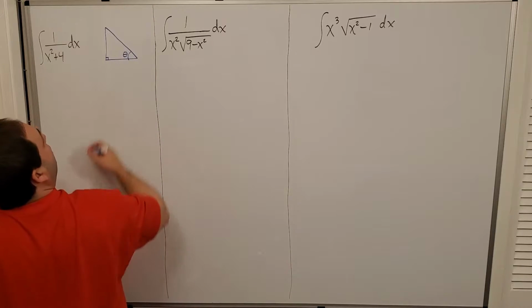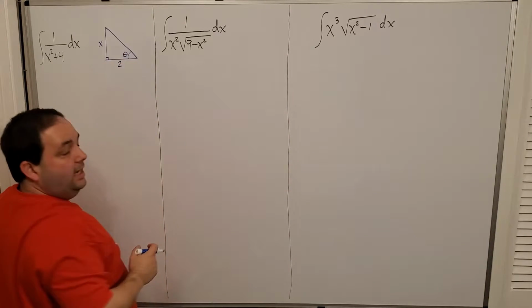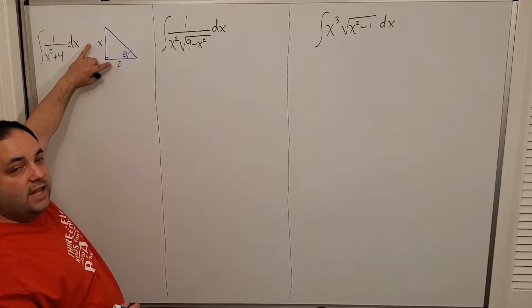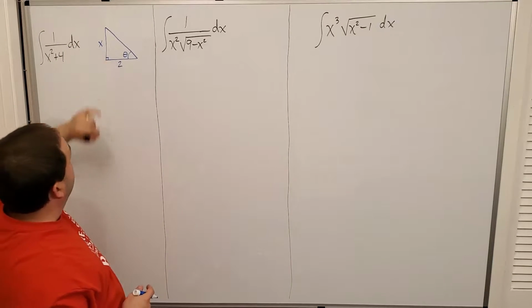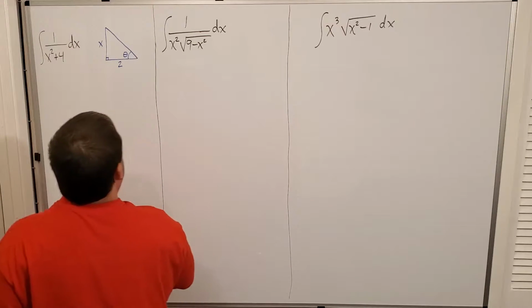And I know that I'm going to let x and 2 be the 2 legs. Specifically, x being the opposite because I want to have tangent, not cotangent. It would still work with cotangent, but I'm minimizing my negatives.